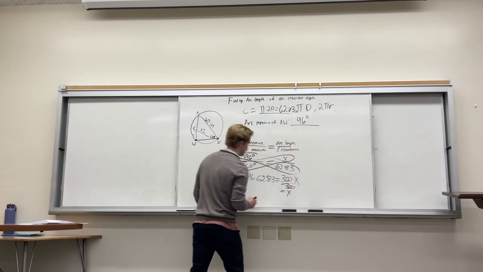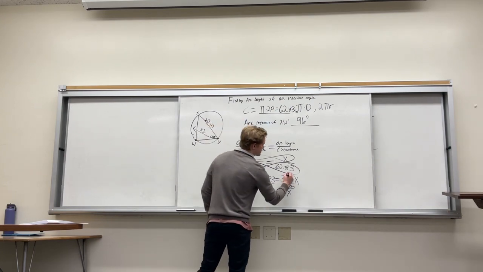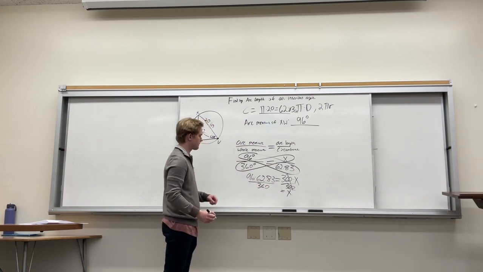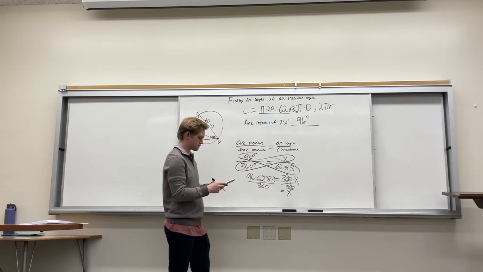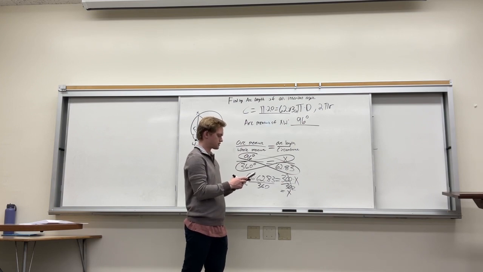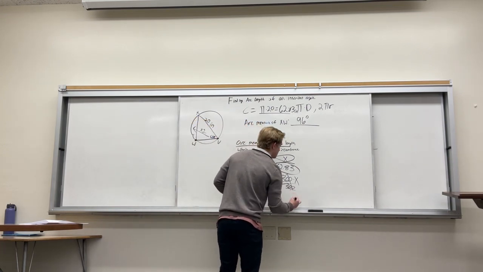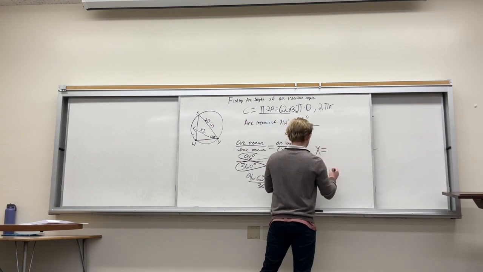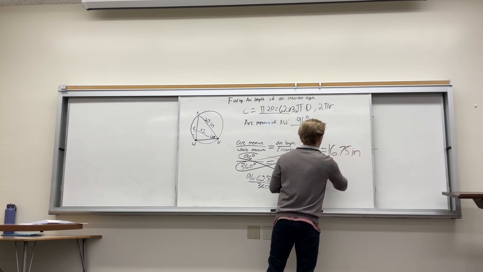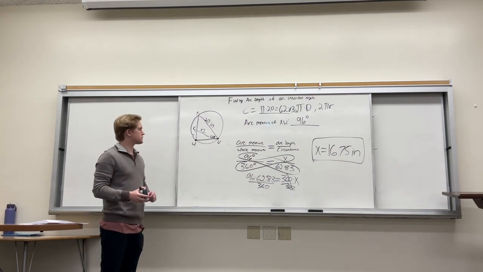So, we're going to divide by 360 on both sides. That 360 divided by 360 turns into a large 1, so it leaves us with 1x. Then we just do 96 times 62.83 divided by 360. That gives us our x to be equal to 16.75 inches. Now that is our final answer, and we'll be able to solve from there.